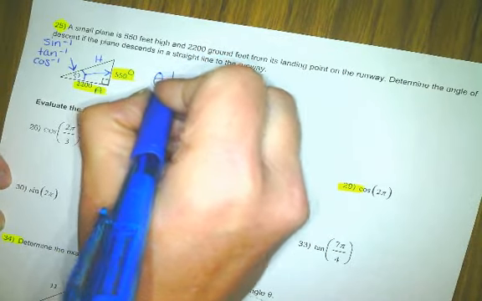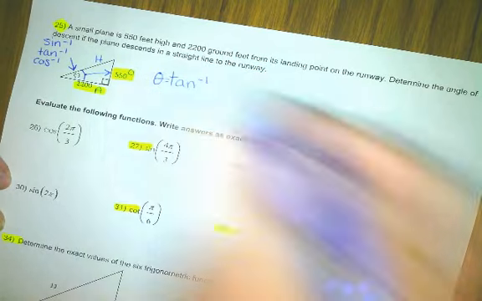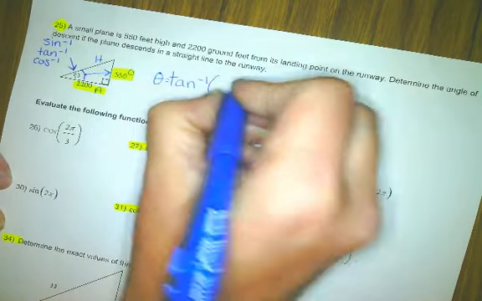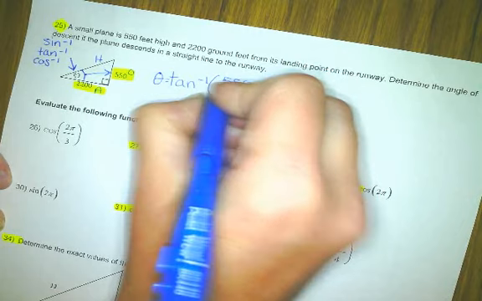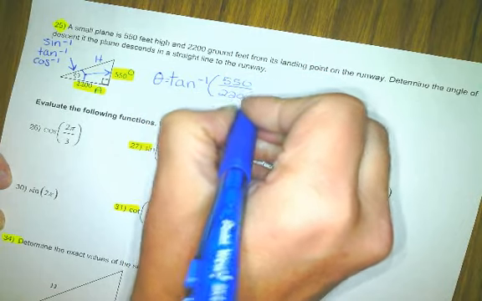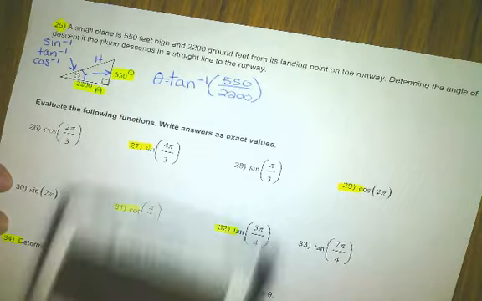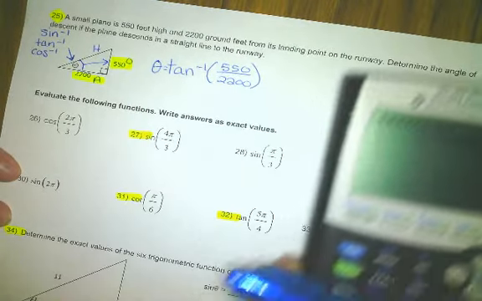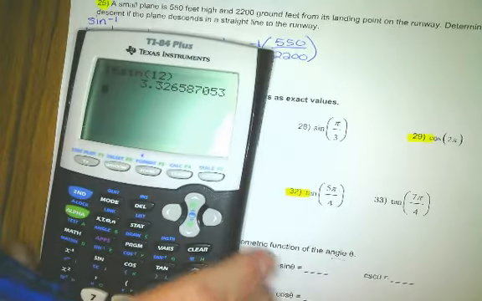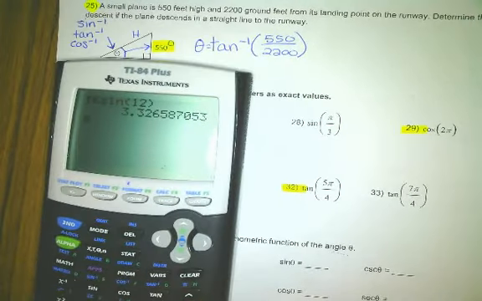So theta equals the inverse of tan, and then 550 divided by 2,200. So again, make sure your calculator's in degrees. Let me see. Trying to get it so there's not a glare. All right, there we go. So now I'm going to do second tan, and then 550 divided by 2,200.